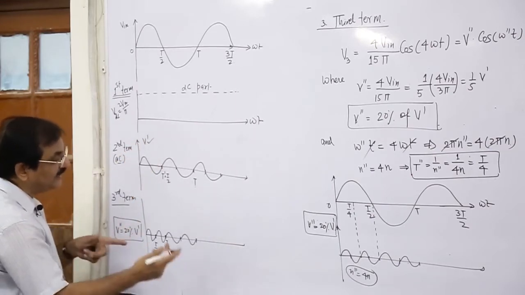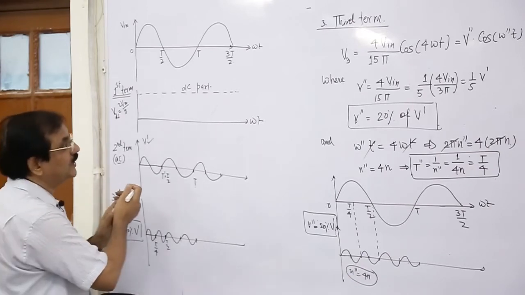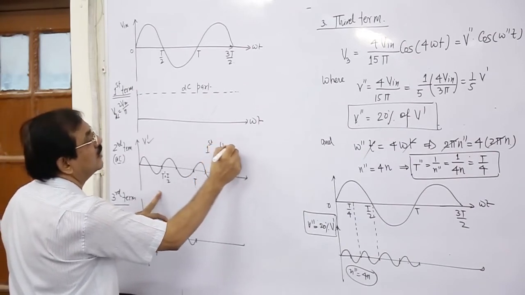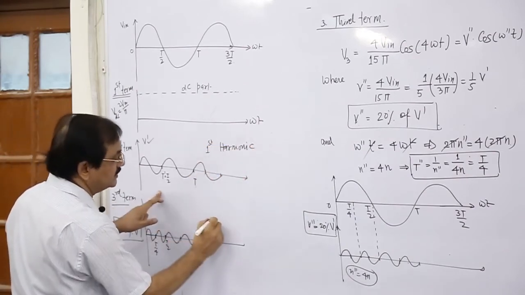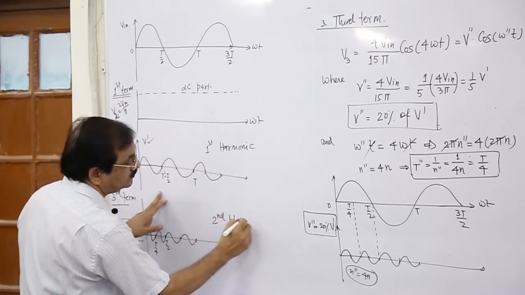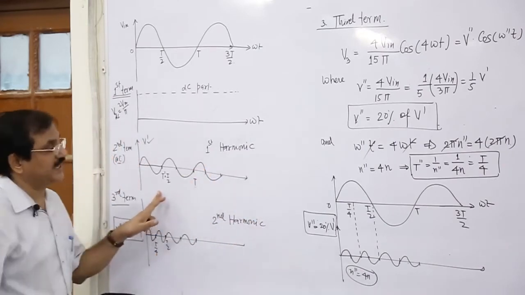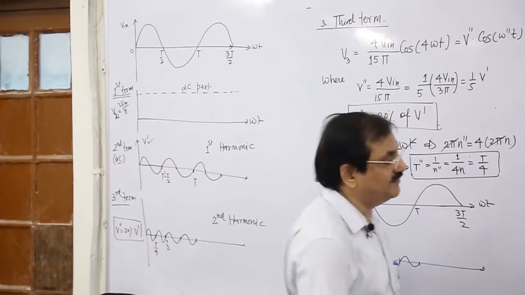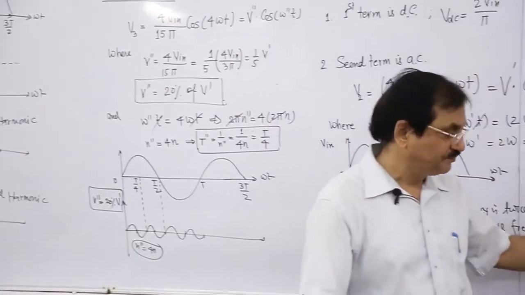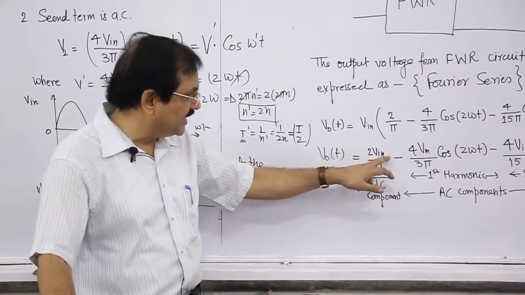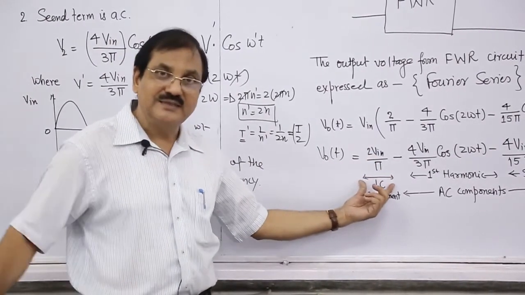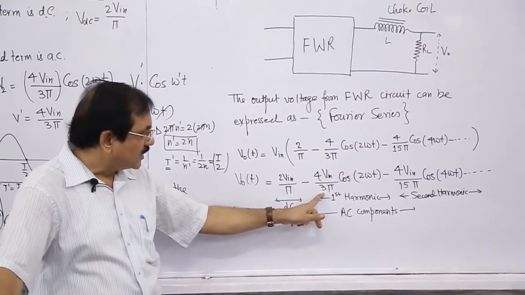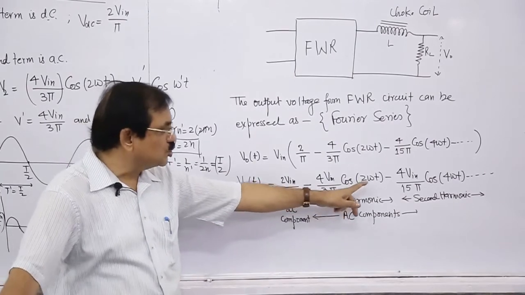So, the amplitude will decrease. The first harmonic is here, and here it is the second harmonic. So, the Fourier series that we have here: V0 t is 2 Vm upon pi, this is the DC part, and the first harmonic is 4 Vm upon 3 pi cos 2 omega t.